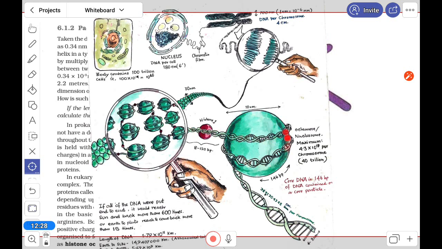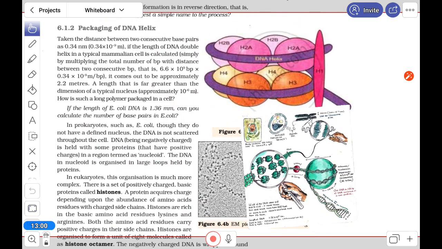You can see the one ball-like structure which is called the octamer or nucleosome, and here some proteins are available which are called histone proteins. And the DNA is wrapped over here. It is approximately 146. In your book it is written 200 base pair. So 146 to 200 base pairs are wrapped over here.